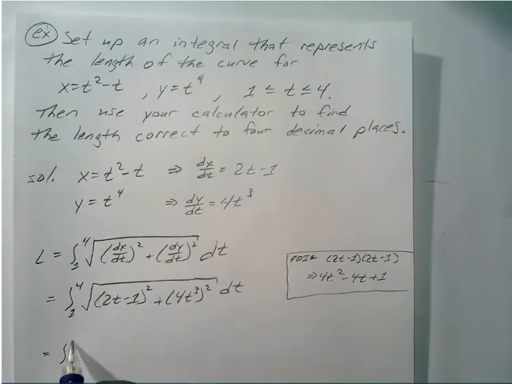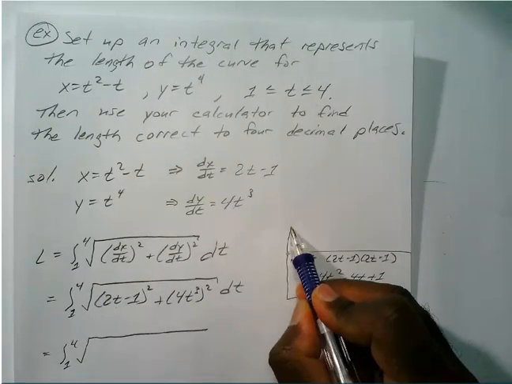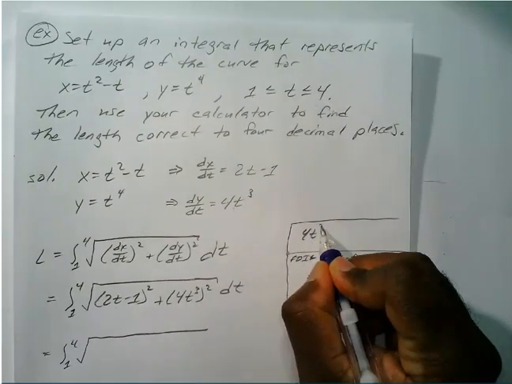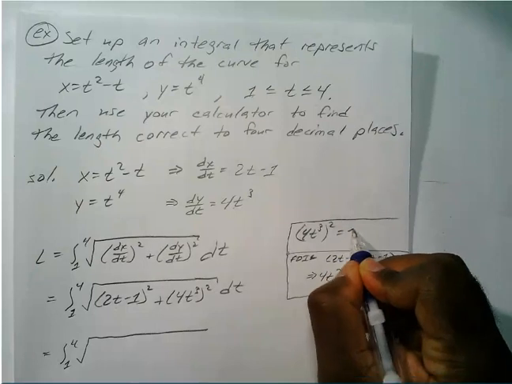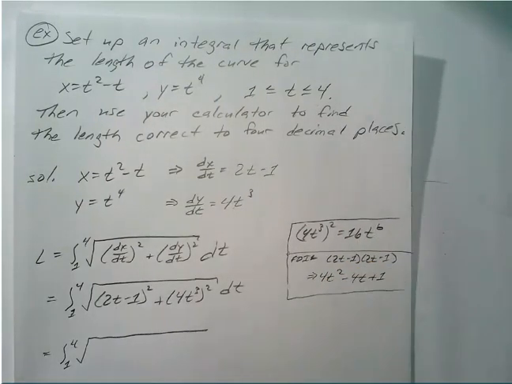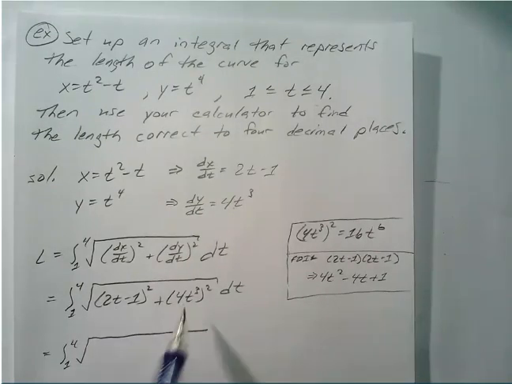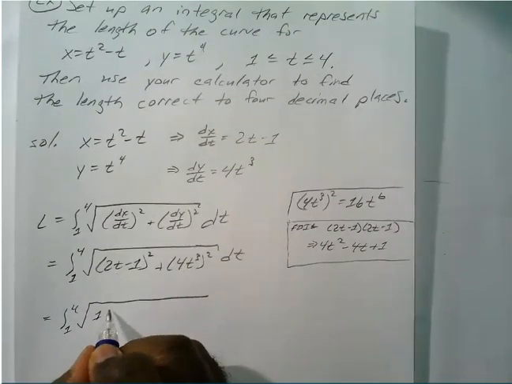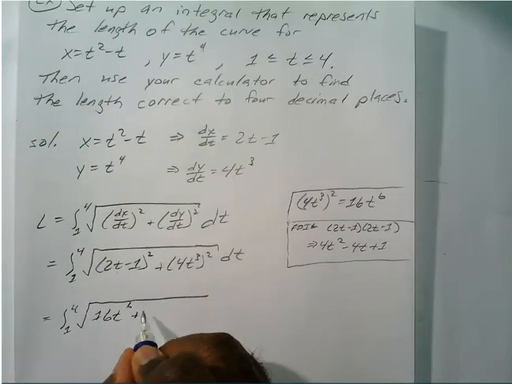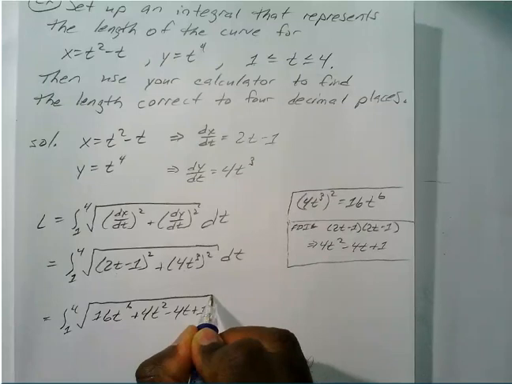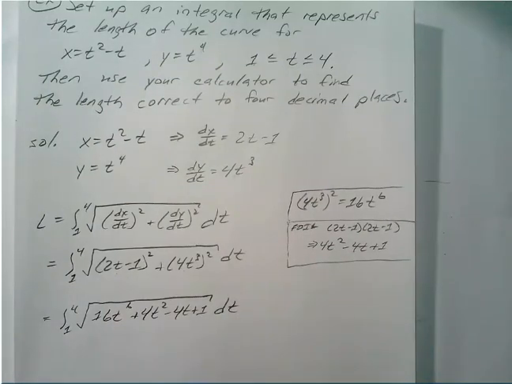Okay, so the integral from 1 to 4, and I'll put the largest one first, and (4t to the 3rd) squared is 16t to the 6th power. Okay, so I'm just going to move that one out to the front. Since it's plus, you can switch them up. So we have 16t to the 6th plus 4t squared minus 4t plus 1 with respect to t.